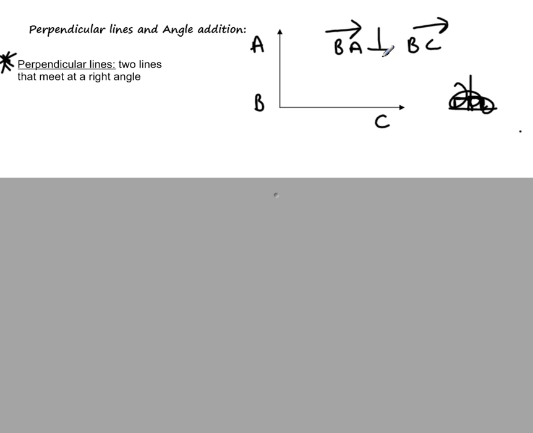So if I tell you that BA is perpendicular to BC, you would automatically put a right angle there. Perpendicular means it intersects at a 90-degree angle. So make sure you have this symbol, because you're going to see this symbol more than you're going to see the word perpendicular.